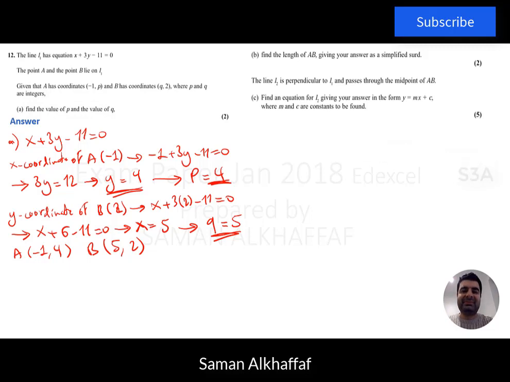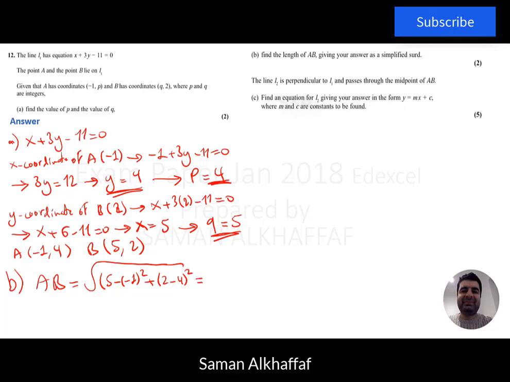So for part B, we need to find the length of AB, giving the answer as a simplified surd. As we highlighted the points A and B, now we can find AB by taking the square root of the x of the second point taken away from the x of the first, so 5 minus -1, plus 2 minus 4, which is -2. The x's are taken away from each other and the y's are taken away from each other, and this is squared.